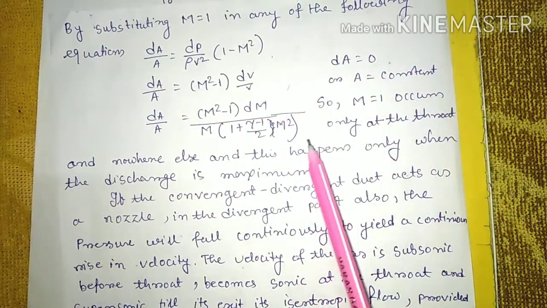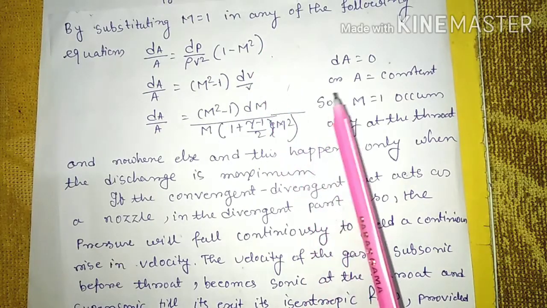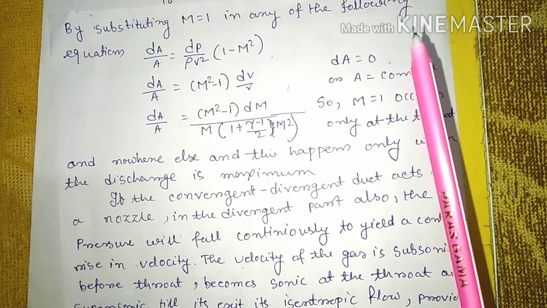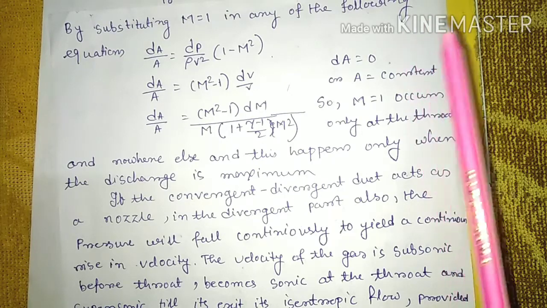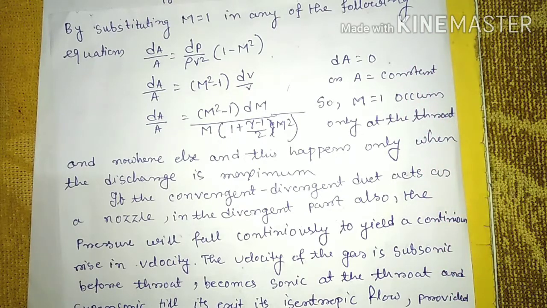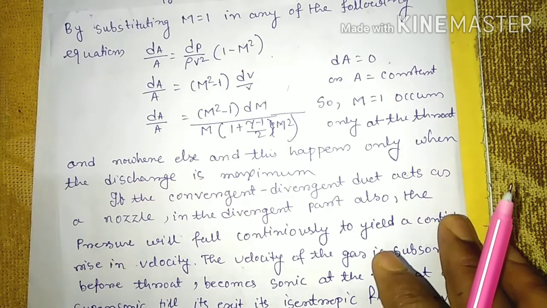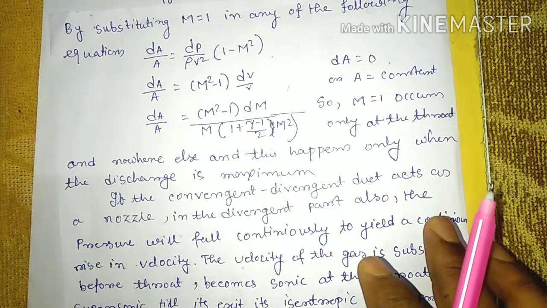So in all these expressions, if you put M equal to 1, then you get A equal to constant, and it is possible only at the throat section. So M equal to 1 occurs only at the throat and nowhere else, and this happens only when discharge is maximum.